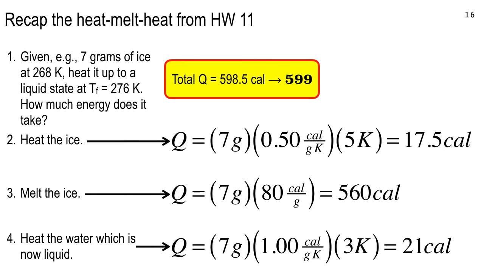Somebody else might, like in the chemistry department, something evaporates, then you have a different mass. But we're going to just do gram for gram. We're going to keep the same number of grams. But delta T's, you might be working with two different delta T's. The first one was 5 Kelvin. The second heating process was 3 Kelvin. So depending on what your initial temperature is, what your phase transition temperature is, and what your final temperature is, you're going to have a couple different delta T's.